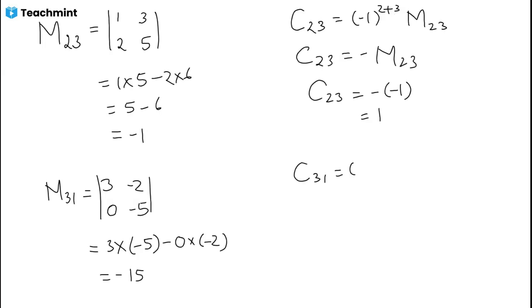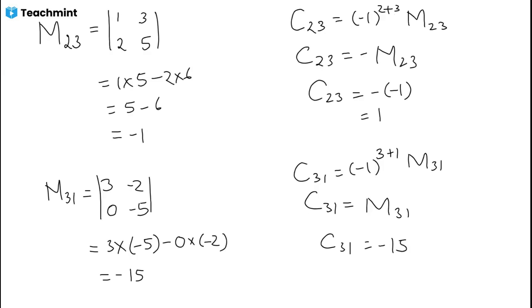C31 is equal to minus 1 to the power 3 plus 1 into M31. This is even power, so we have positive. So we'll take the value of M31 as we have, which is minus 15. So we'll take here minus 15.